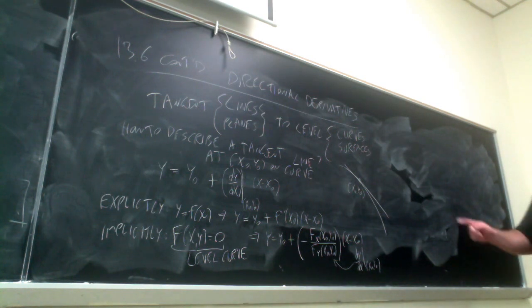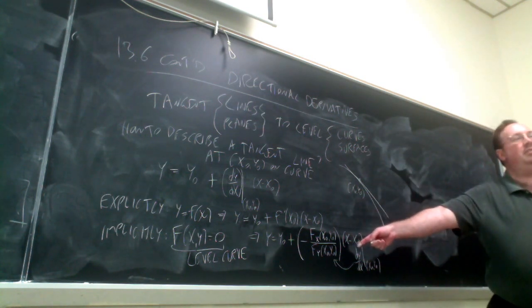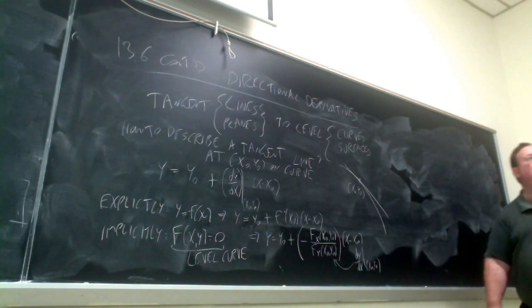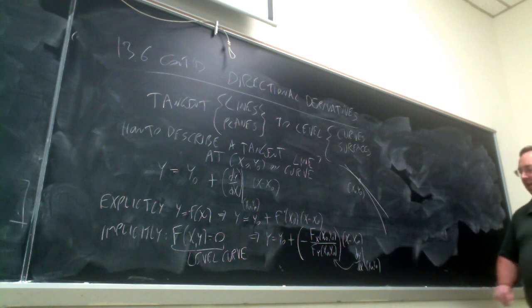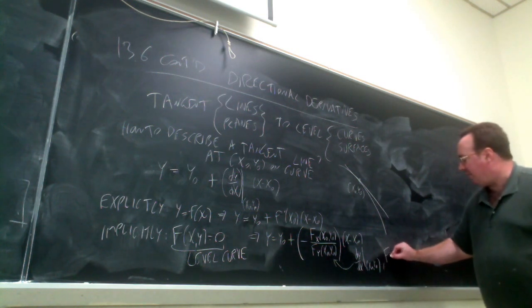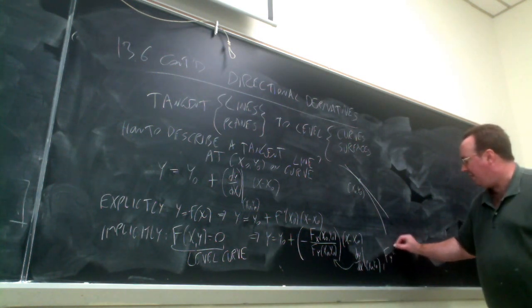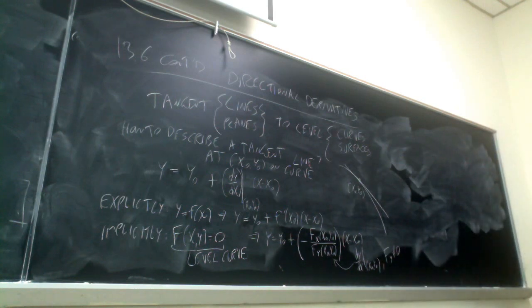But what's the limitation of this one? We can't always use it. When can we not use it? What could go wrong in computing that? The partial. Yeah. We must require that the partial of F with respect to y be non-zero at that point.